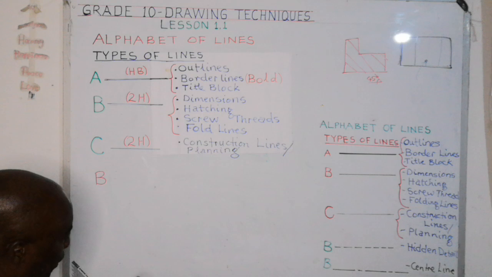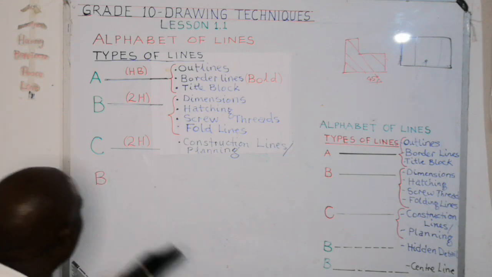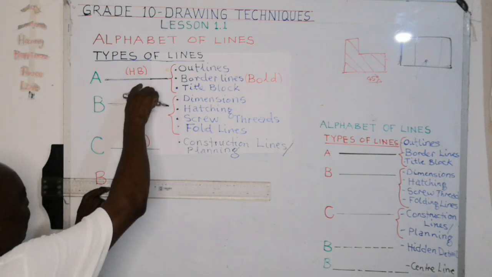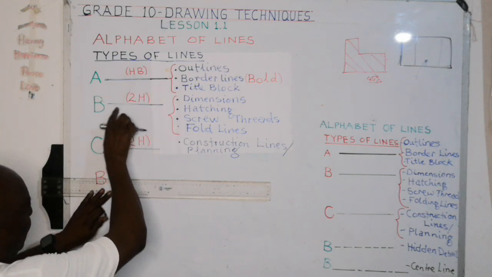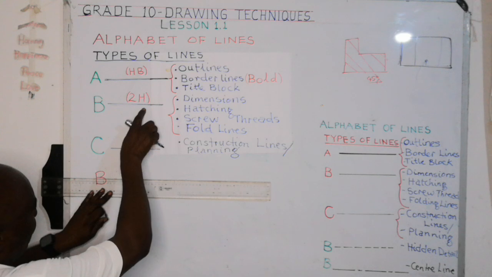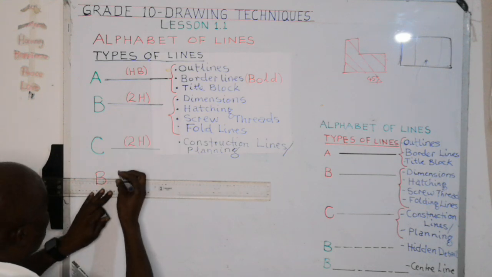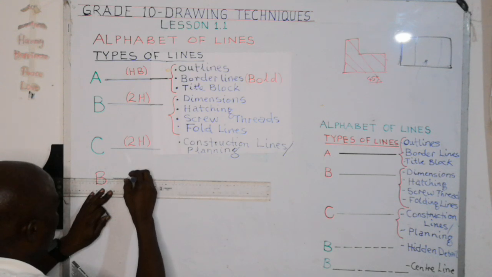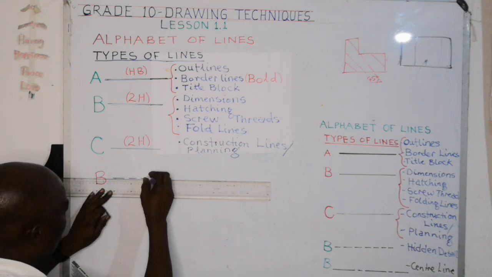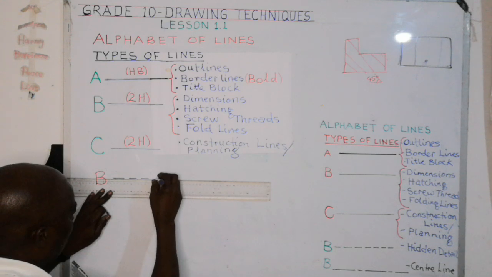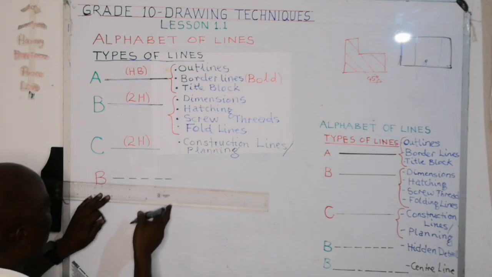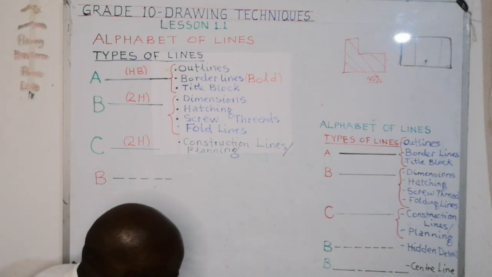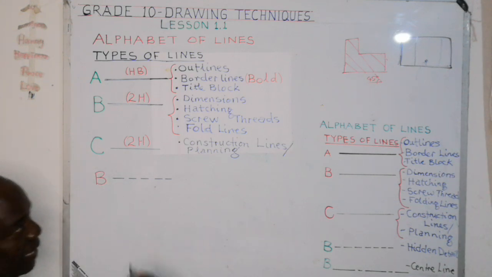Hidden detail is a broken line or dashed line like this. It's not as dark as HB, but is of the same density with 2H there. So it will be short dashes with a space in between, like that. Those are hidden detail lines or dashed lines, representing something which is hidden.